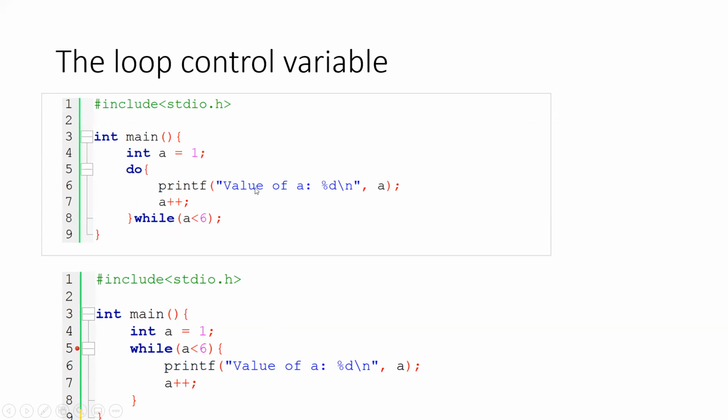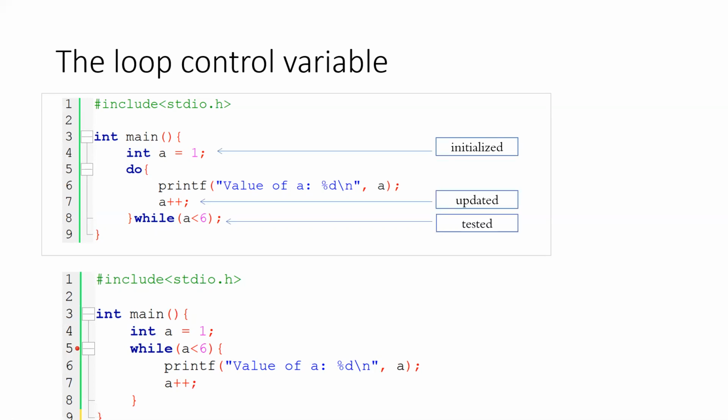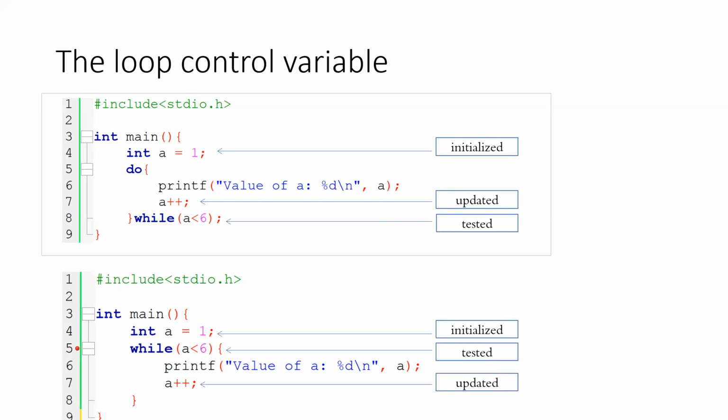That may be done by updating our loop control variable within the loop body, so those are similar to both your do while and your while. But where do they differ? In your do while, the condition is tested at the end, but in your while, the condition is tested before. So for the do while: initialize, update, and test. And for the while: you initialize, test, and then it gets updated.